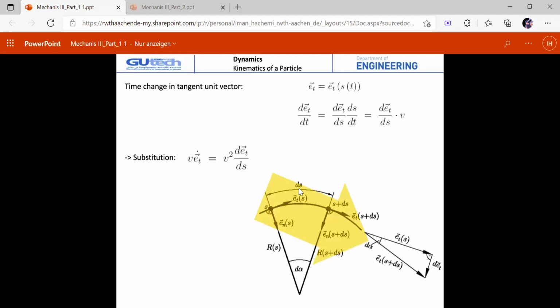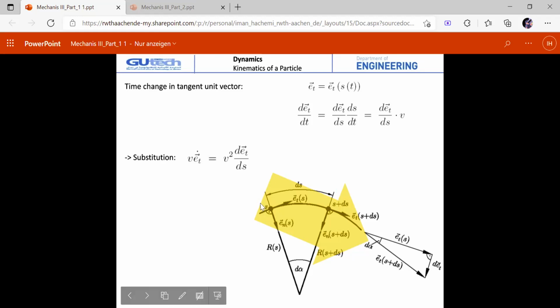Now we can see here, at this position we have s, and at time t plus delta t, we have s plus ds. Then we have the radius r, which in our case is only the position vector r.